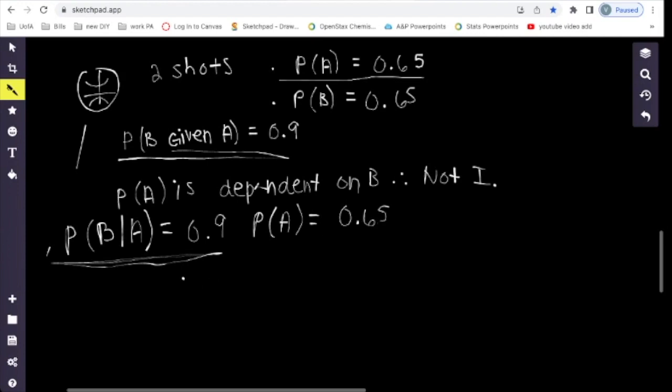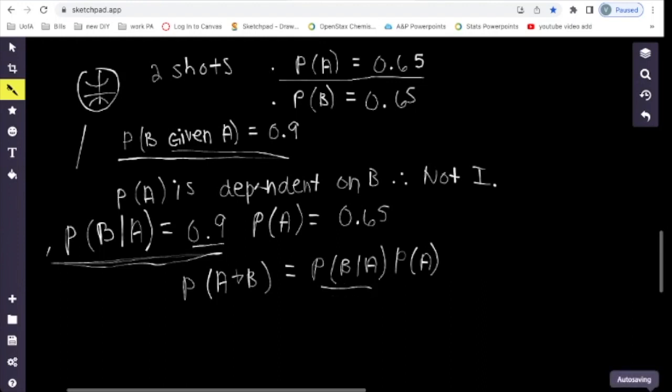So for the probability of A and B occurring, we need to use the probability of B given that A already occurred if we're making both goals times the probability of A. So the probability of B given that A occurred is 0.9 and the probability of A is 0.65.